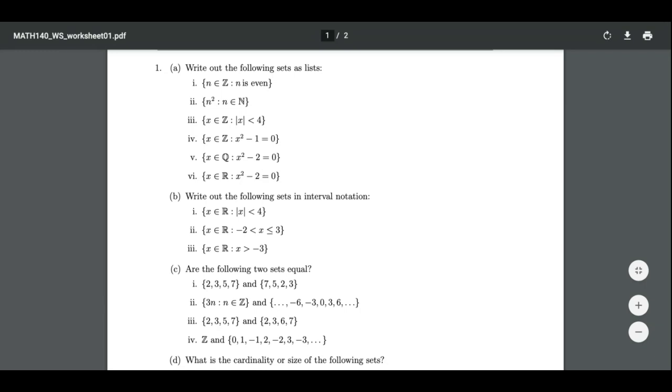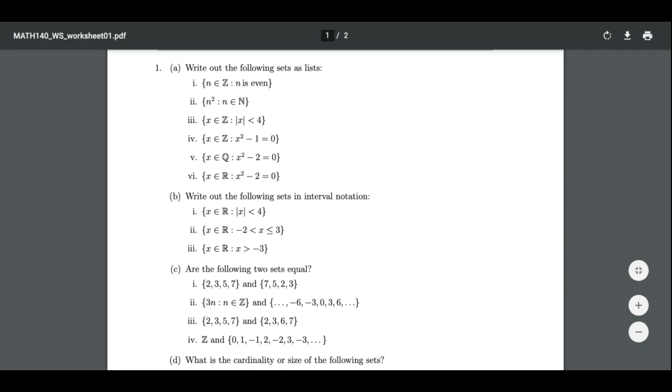Okay, let's see the third one. The element in this set is an integer, so this is telling us this set has to be infinite, right? Oh no, it's not true. The rule here says the absolute value of x is less than 4.